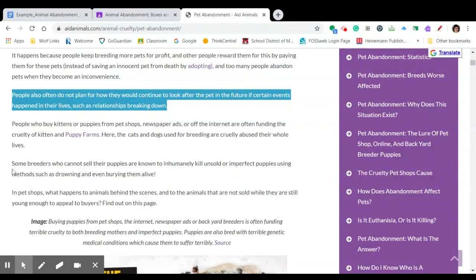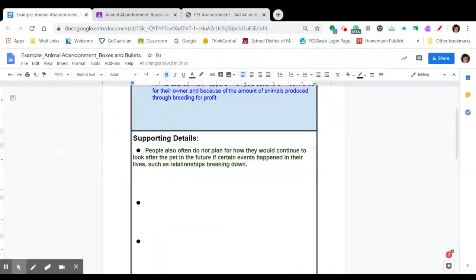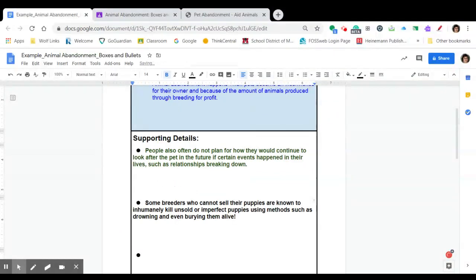So, I do think that this really fits with the breeders who cannot sell their puppies. So I'm going to copy that and put that on here also. Some breeders who cannot sell their puppies are known to inhumanely kill unsold or imperfect puppies.